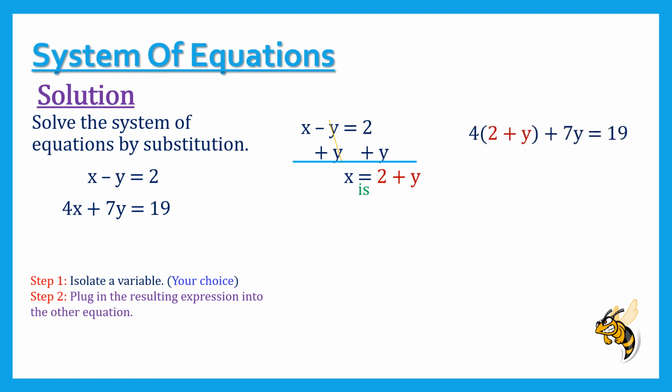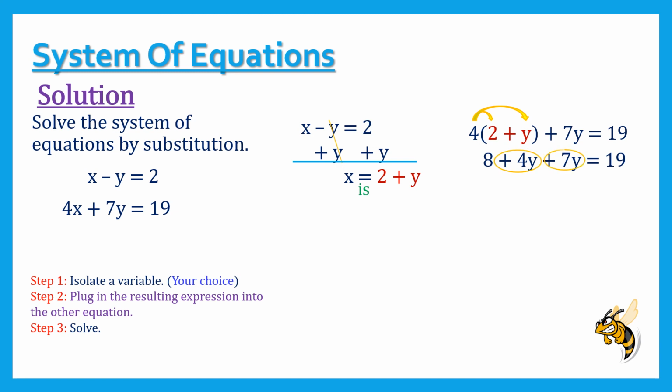So therefore, it's going to be 4 times (2 plus y) plus 7y is equal to 19. Distribute the 4 to both expressions inside of the parentheses. So 8 plus 4y plus 7y equals 19.